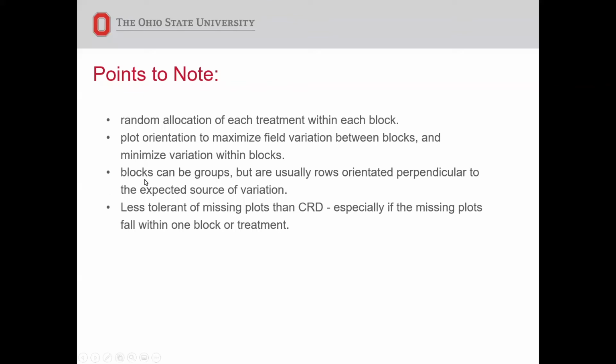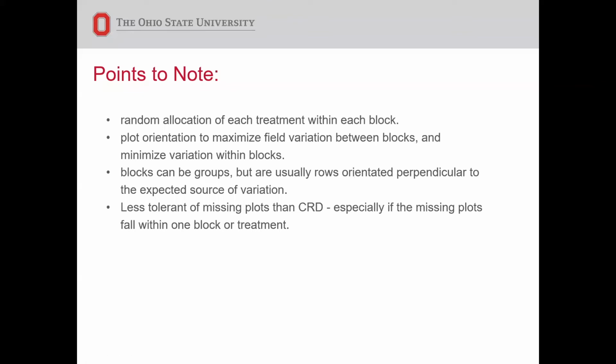Just another point to note here is that the blocks could be arranged in groups. Most commonly, we use rows or columns that are orientated perpendicular to the expected source of variation.